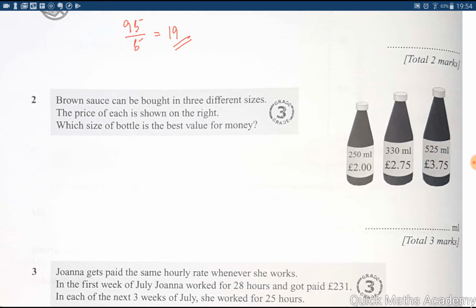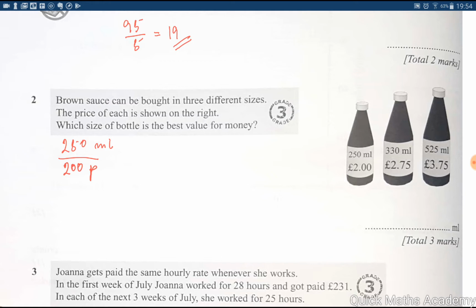So in order to solve this, the best thing to do is to divide the 250 ml from the first bottle by the £2, and £2 I can convert to 200 pennies, 200p.